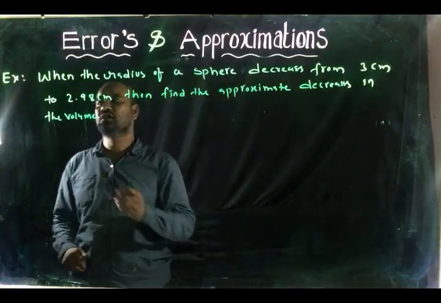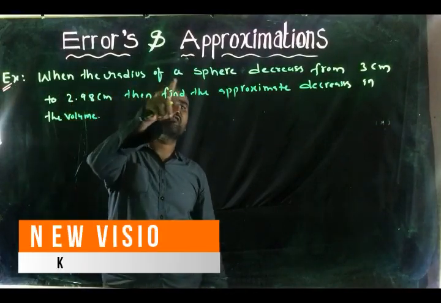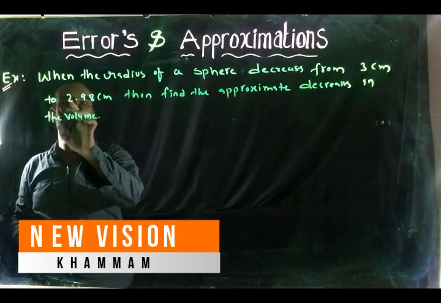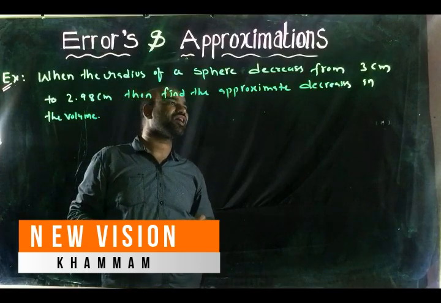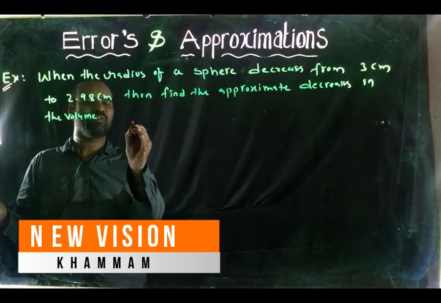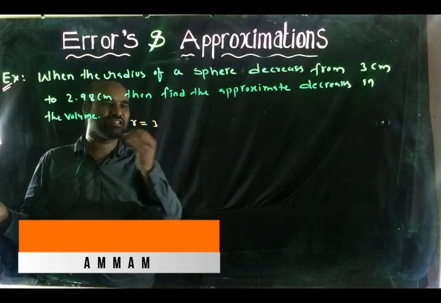Okay, student. Next example problem. When the radius of a sphere decreases from 3 centimeters to 2.98 centimeters, then find the approximate decrease in the volume. What happened here? R equal to 3. Decreases, no?